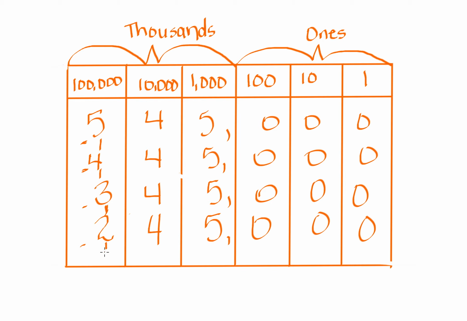Then the next number you just take away 1. These you didn't do anything to, you just left them the same. So what are you taking away then? You're taking away 1, 0, 0, 0, 0, 0. So this pattern is to take away 100,000 each time.